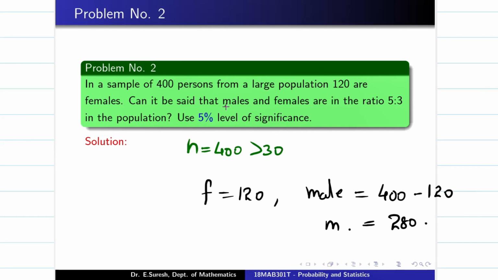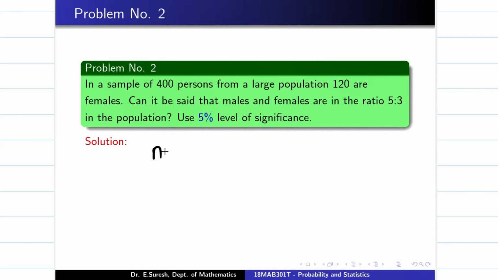Can we say that males and females are in the ratio 5:3? Good, now they have given something different. See here, N equal to 400. You can take the proportion of male or the proportion of female. Since I'm a male, I'm taking the proportion for male.